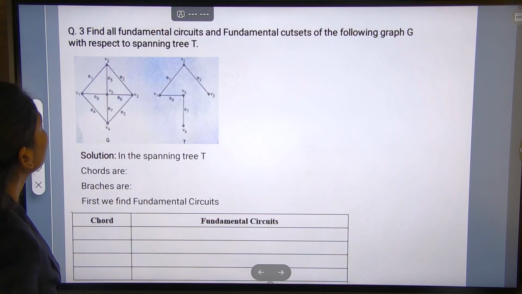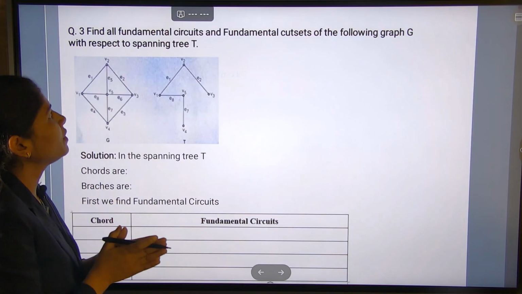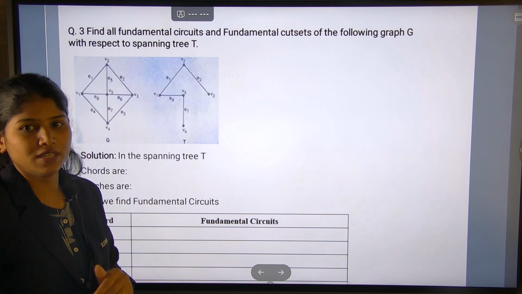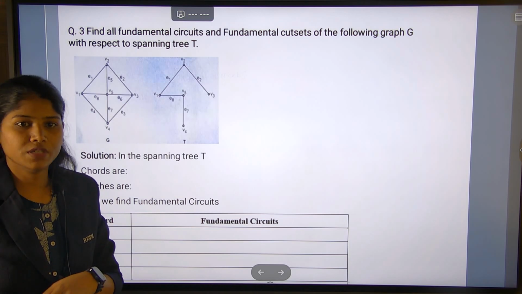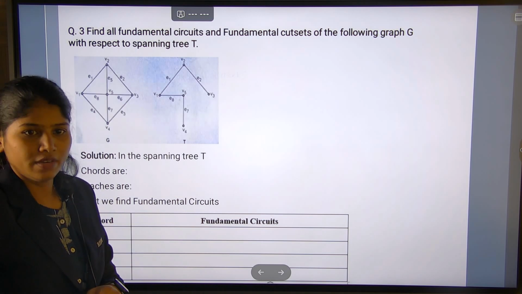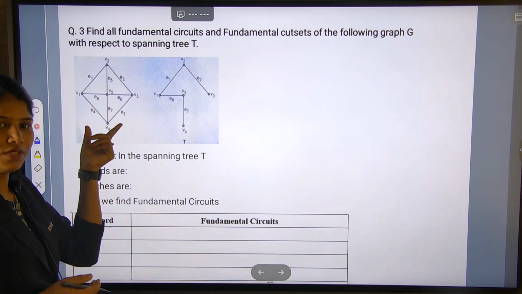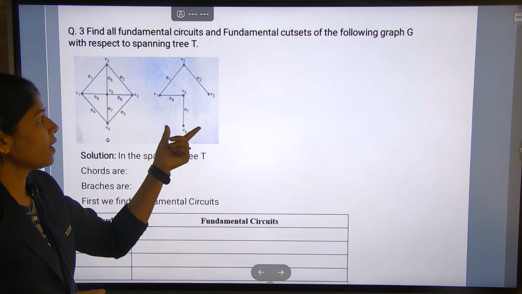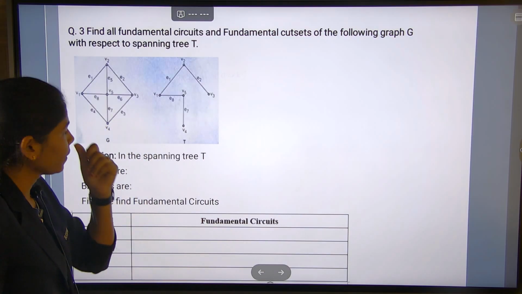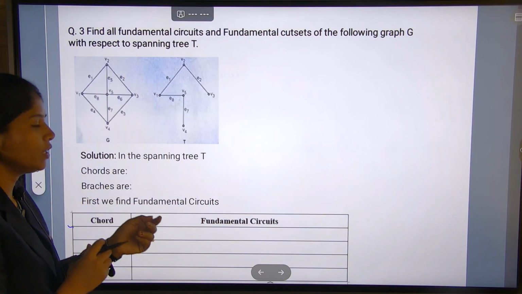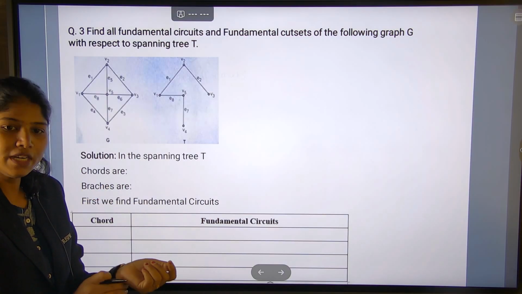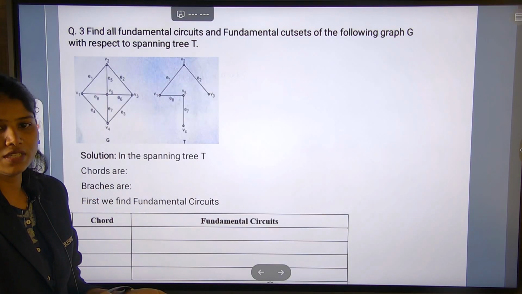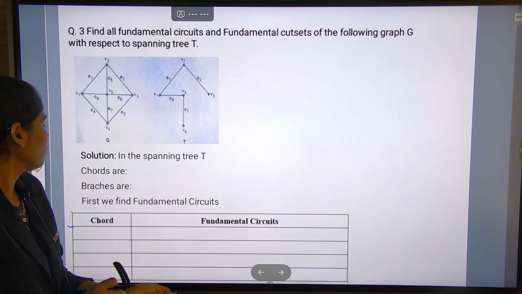Here is the next example. Find all fundamental circuits and fundamental cut sets of the following graph G with respect to spanning tree T. Here is graph G and here is its spanning tree T. First of all, we need to write down all the chords and branches from the spanning tree.